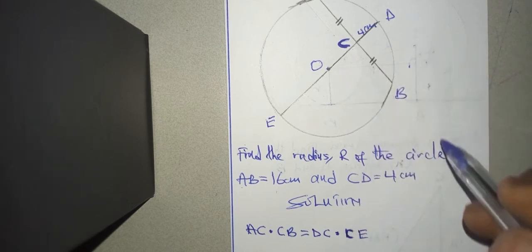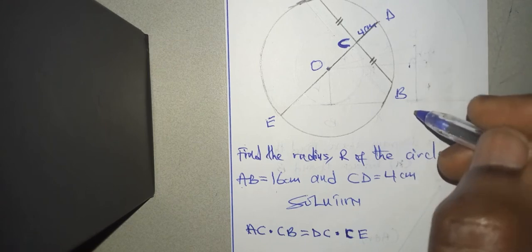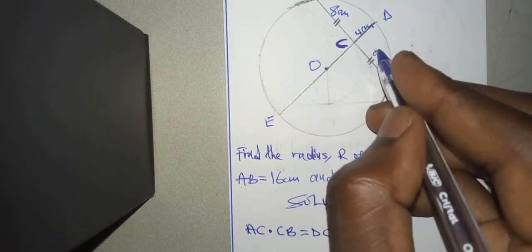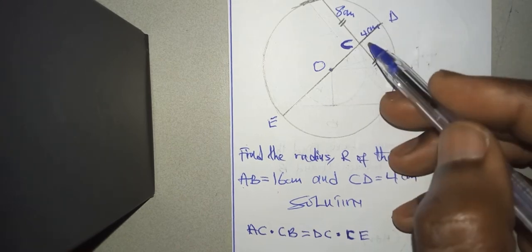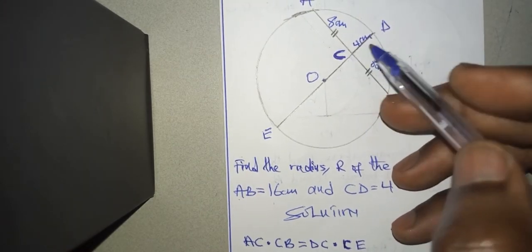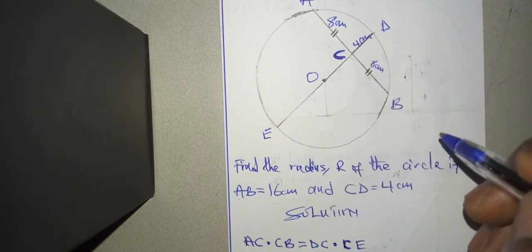It is dividing AB into two equal parts. Therefore, if AB is 16, then each half will be 8 centimeters. Good. Now we know CD, we know AB, we know CB, but we don't know CE.